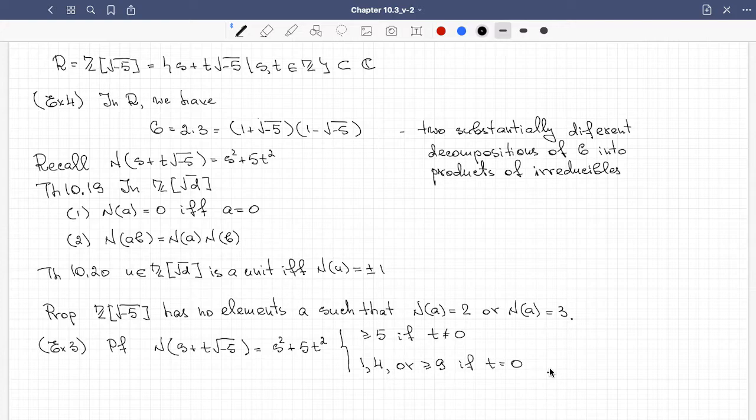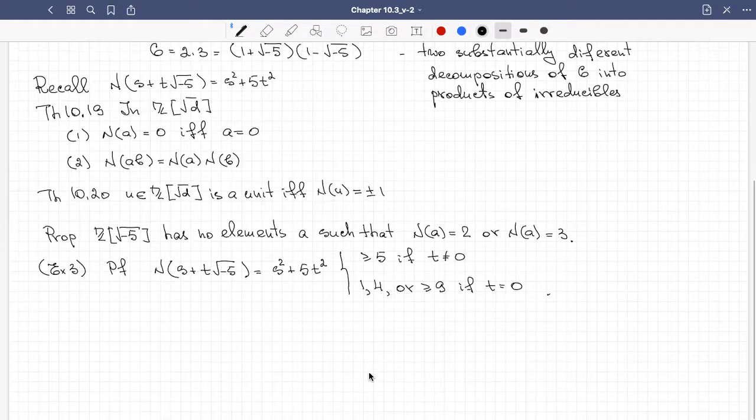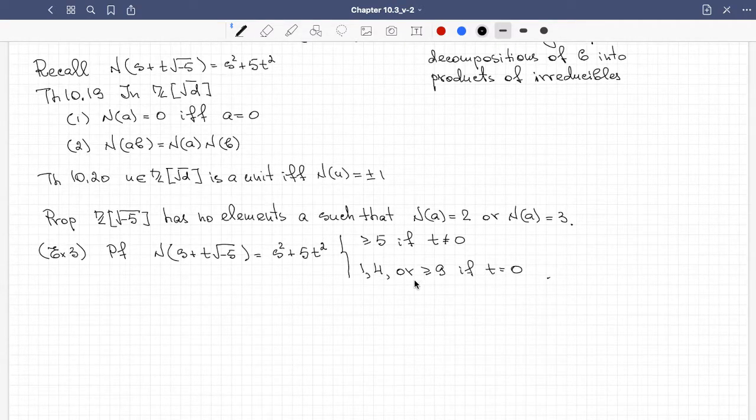So if t is not 0, the norm is 5 or bigger; if t is 0, it is 1, 4, 9, and so further. The only value smaller than 2 and 3 is 1. After that, immediately 4, 9, further. That's it. We proved this simple proposition.